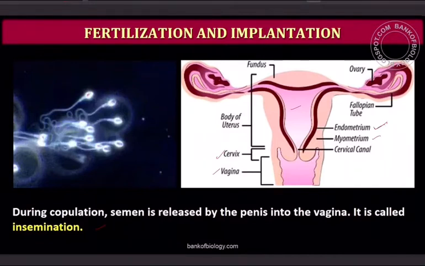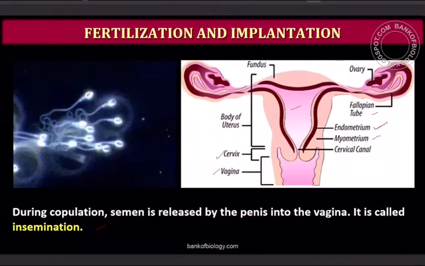The muscular bag-like structure, uterus, has walls like myometrium and endometrium, and the endometrium again plays a very crucial role. As we discussed, under the influence of FSH, follicle stimulating hormone, and then the female sex hormones such as progesterone, a lot of changes will take place in the endometrial wall.